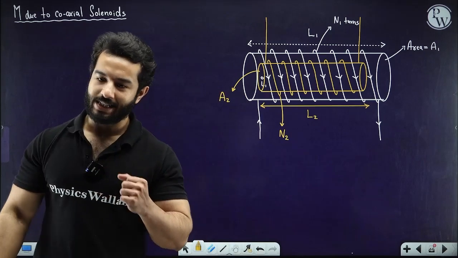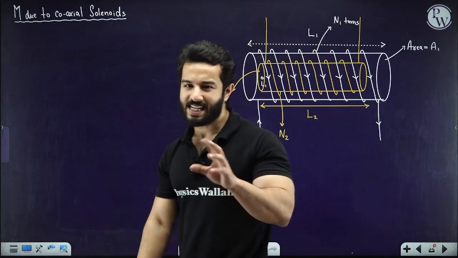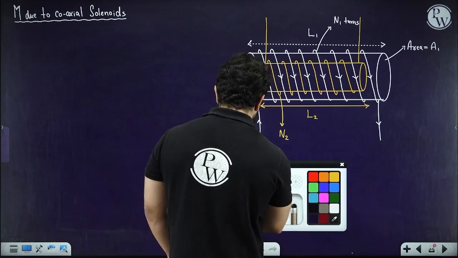Now I've specifically told you that current is flowing in the bigger solenoid. See, any case can be made from here. So now we'll simply say one thing.